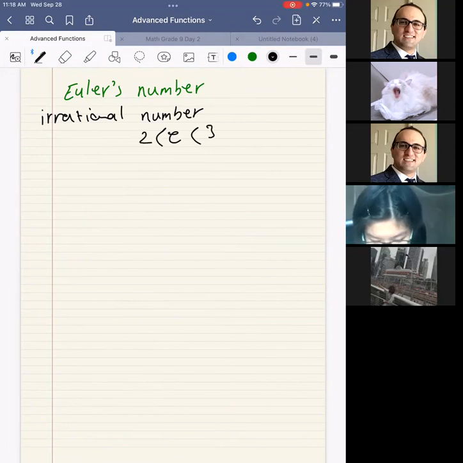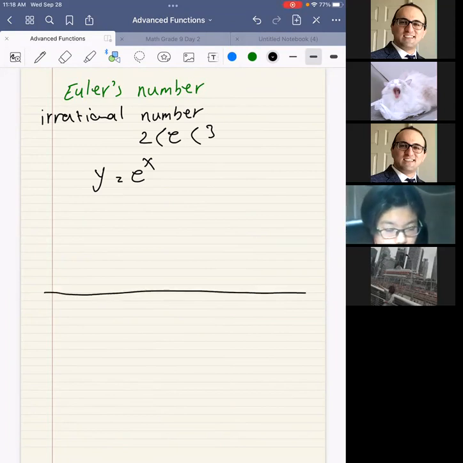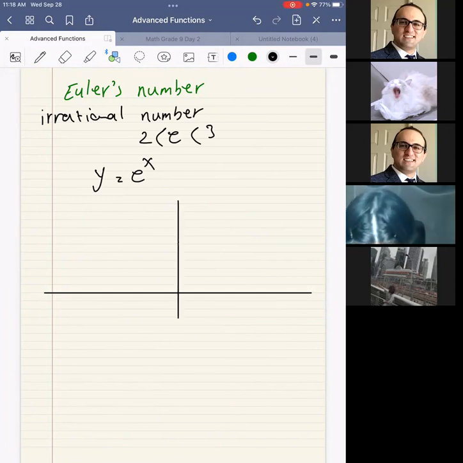An important exponential function is y equal to e to the power x. It is something close to 2 to the power x in terms of the graph and also its behavior. So this is y equal to e to the power x.